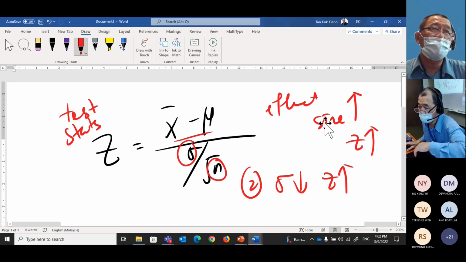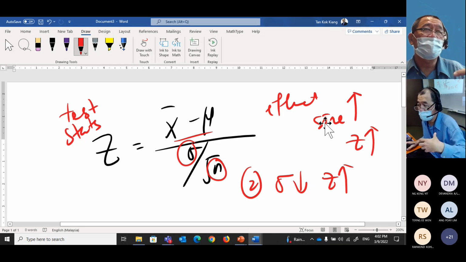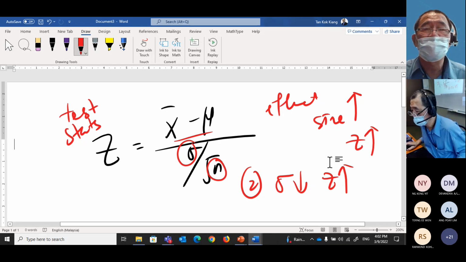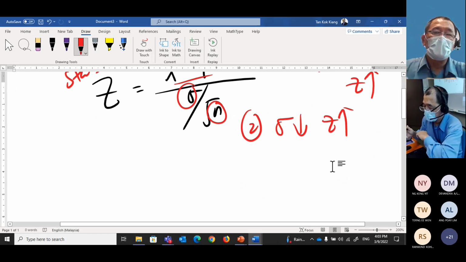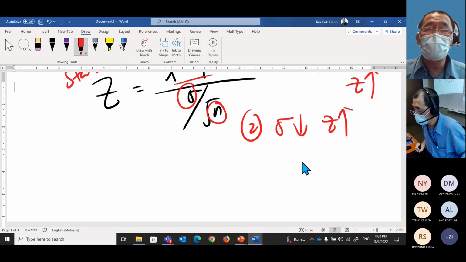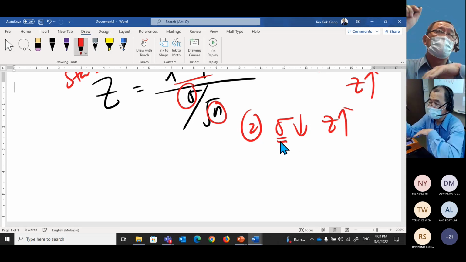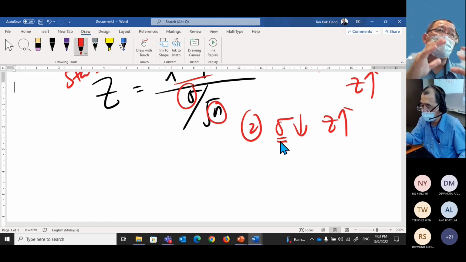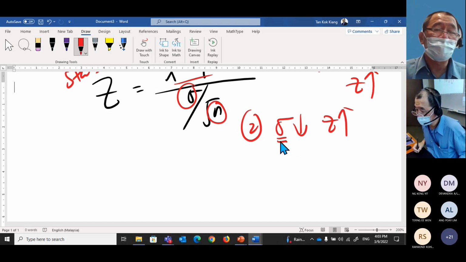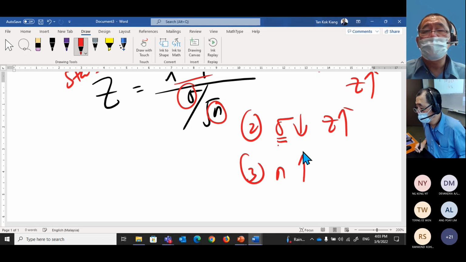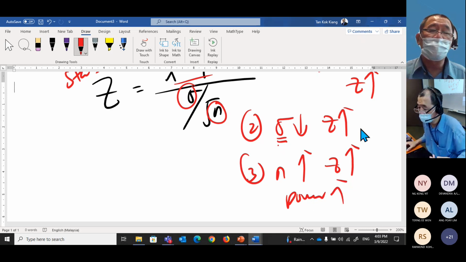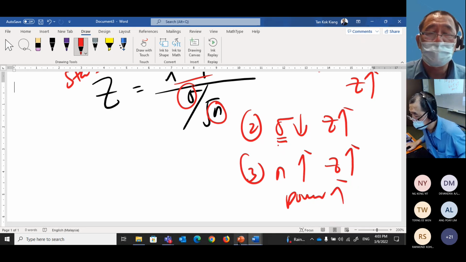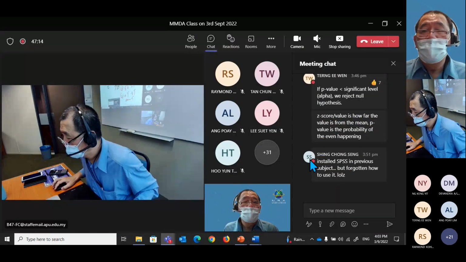Therefore it is easier for us to reject the null hypothesis. If the variation in your data is too high, it's not easy to reject the null hypothesis. Third, n larger, Z will be larger. Z larger, the power is also larger, therefore easier for us to reject the null hypothesis.